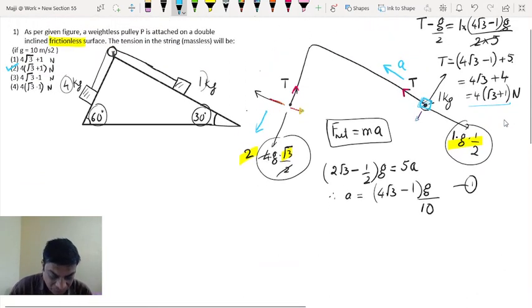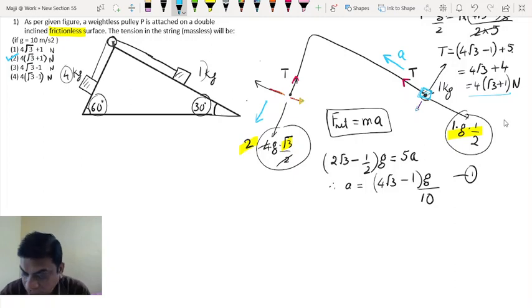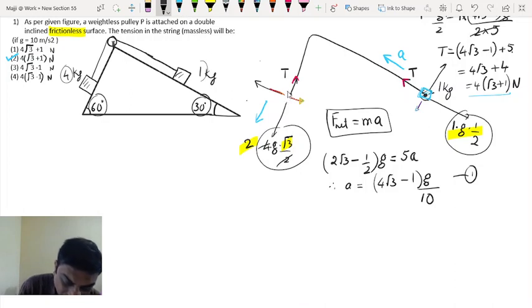There is yet another way to solve this. If you would like to solve in another manner, you can write down the equations corresponding to Newton's second law for both the blocks. There will be two unknowns, namely a and T, acceleration and tension, and two equations. For the bigger block, 2 root 3 g minus T is equal to 4 into a.